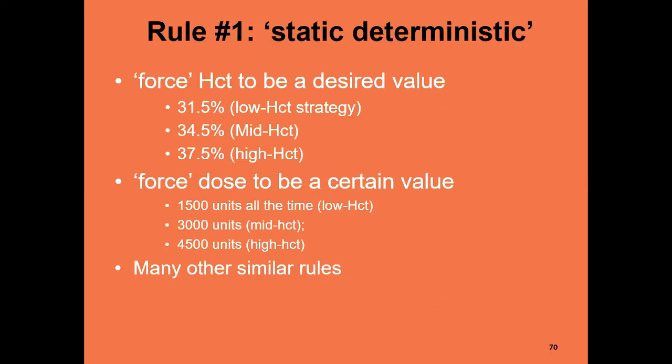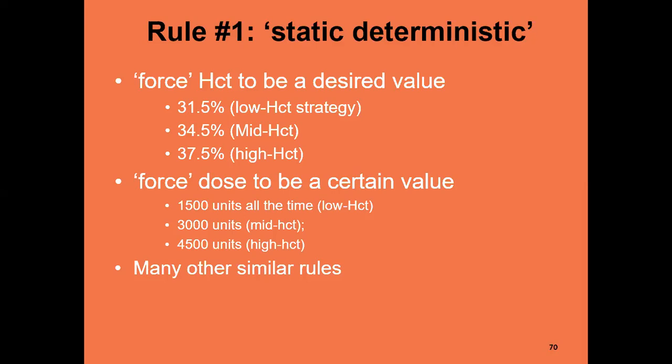So there are many different ways that we can define how we're going to operationalize the therapy. For example, we can have this rule algorithm number one, which is a static deterministic rule. We can force hematocrit to be a desired value, although this treatment strategy is poorly defined because the how-to part is not defined.